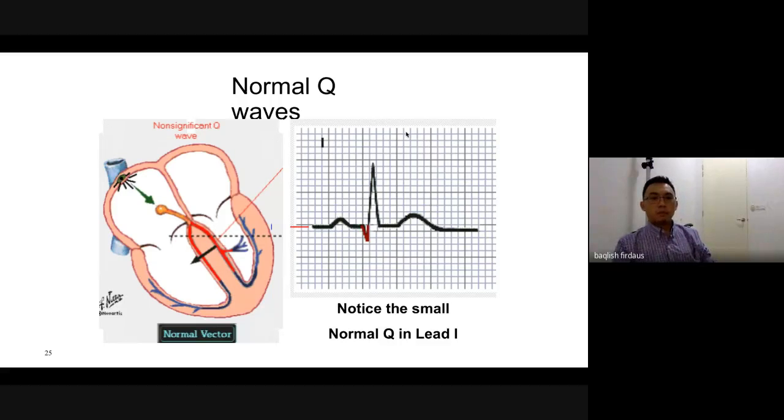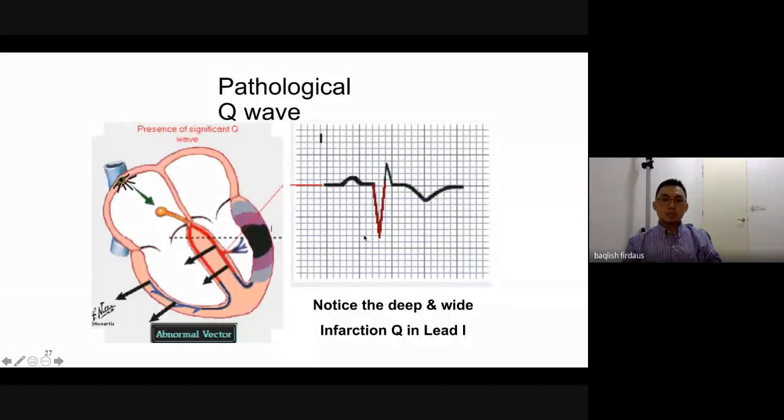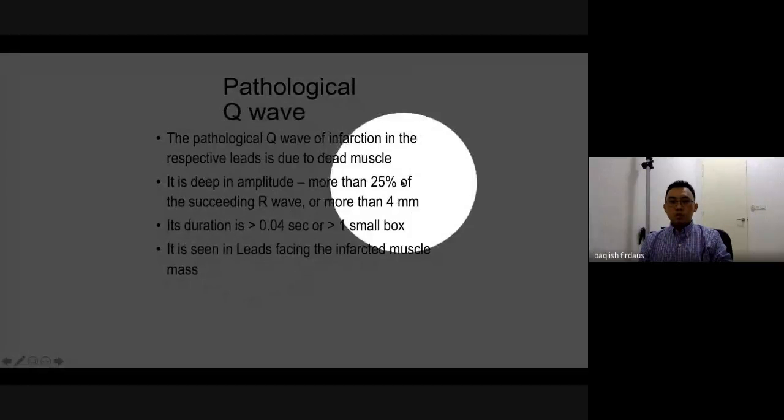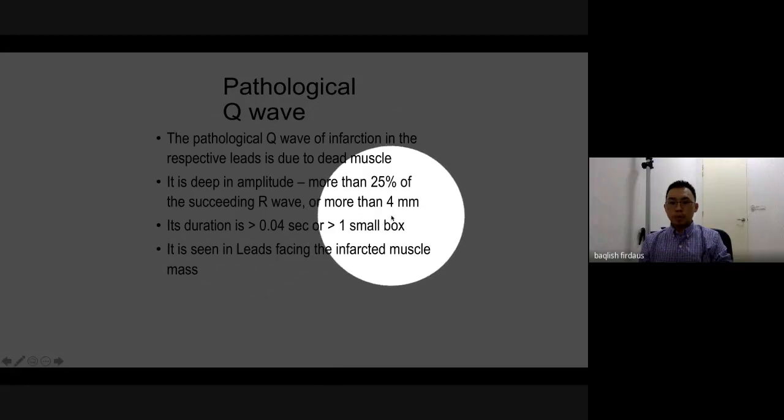From that, you must be able to identify whether there is a pathological Q wave. In a normal ECG, a Q wave should be just small and narrow. So what is a pathological Q wave? Usually, the amplitude is 25% of the succeeding R wave or more, or more than 4 mm.